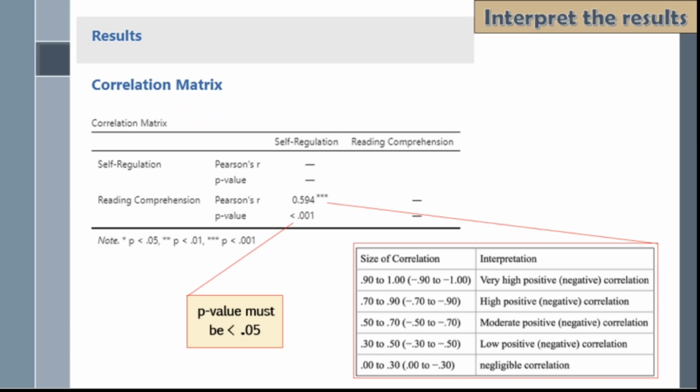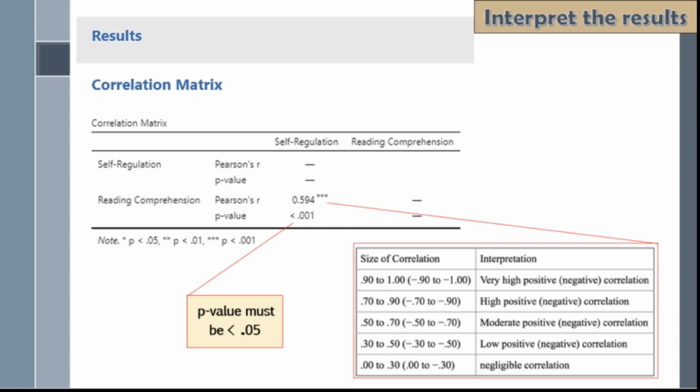If we got 0.70 to 0.90 or -0.70 to -0.90, the interpretation is high positive or negative correlation. If we got 0.50 to 0.70 or -0.50 to -0.70, it is moderate positive or negative correlation.